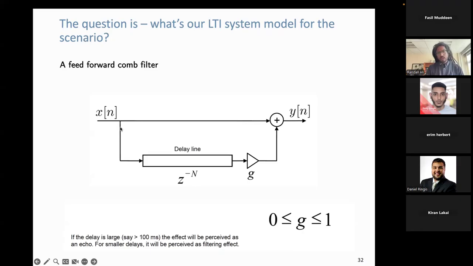But then this other part on the bottom is what we call a delay line. And a delay line we represent by z to the power of minus N. You might know that from your Z transform work. And this value, capital N, tells you the number of samples by which to delay x. I'll show you how to program that. Then I multiply by some gain g.